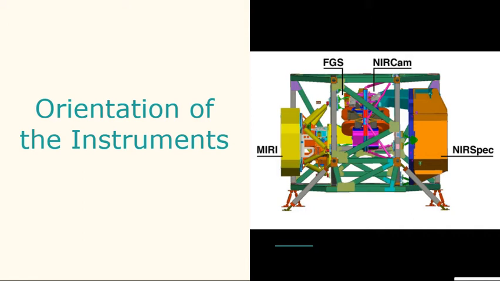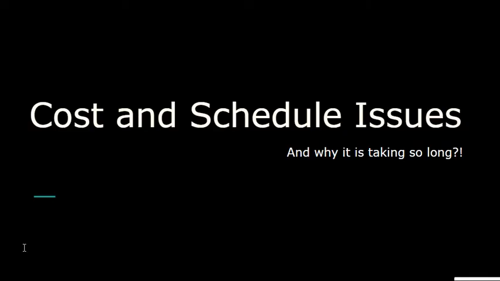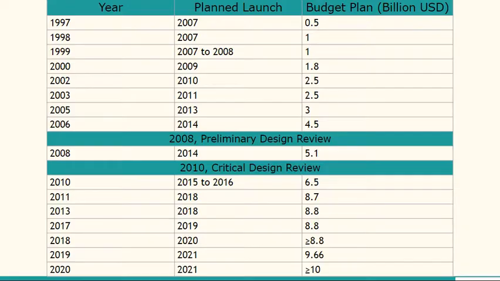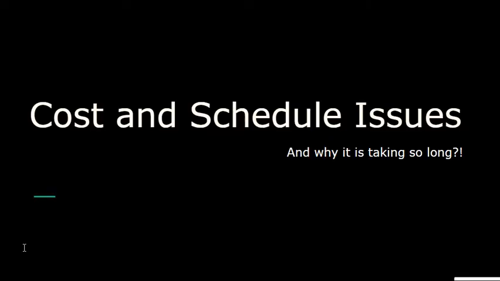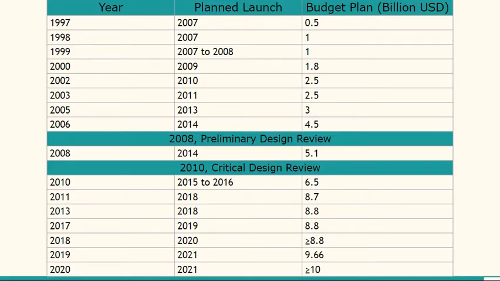There are many other instruments as well, but these are the four main components which take care of the majority of the work happening on the telescope. The cost and the schedule, and why is it taking so long? Here you can see in the table, in the year 1997, which was when I was born, it was scheduled to start working on it, and the budget was about $500 million.